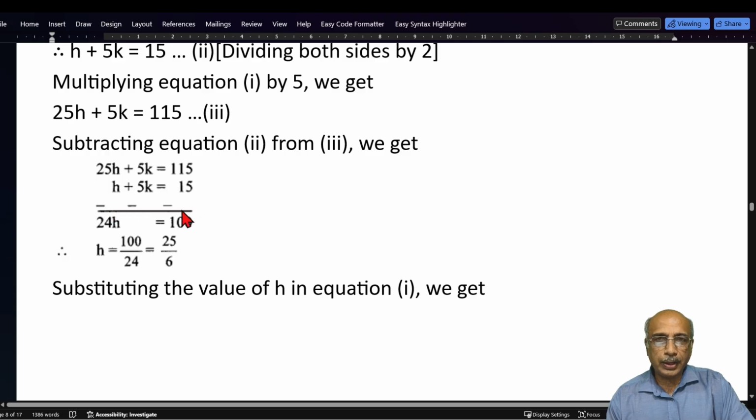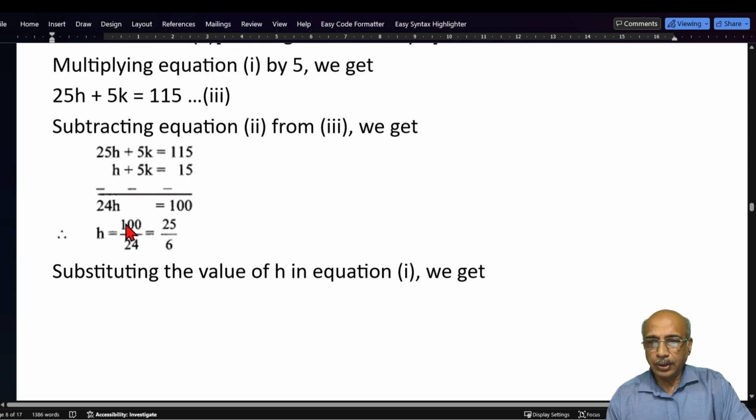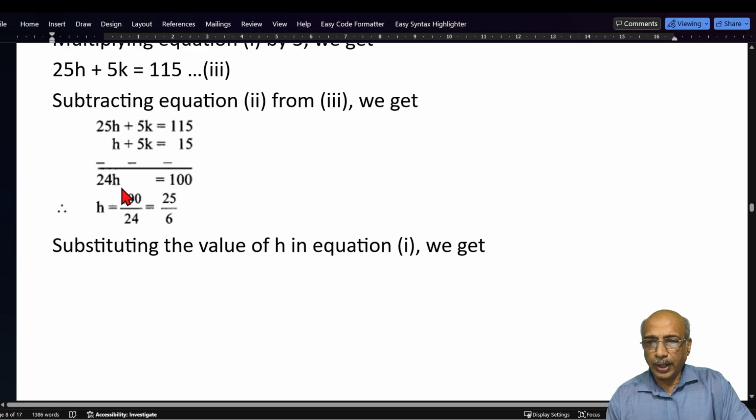As we are subtracting, the sign changes. Therefore, 24h equals 100, because plus 5k minus 5k got cancelled. So h equals 100 upon 24 equals 25 upon 6.